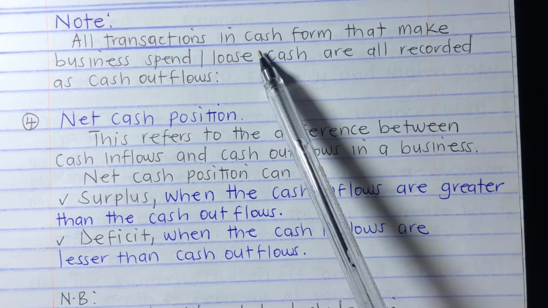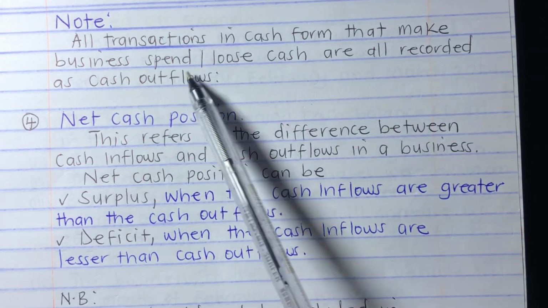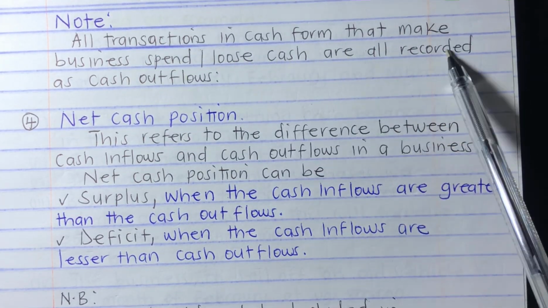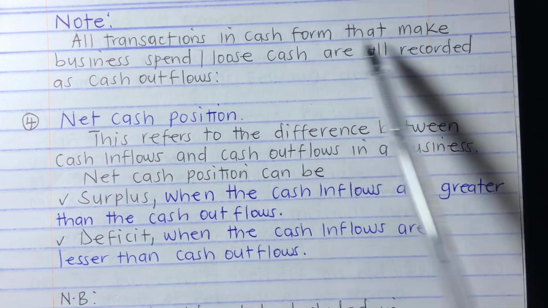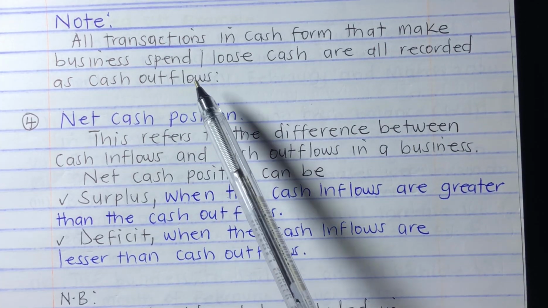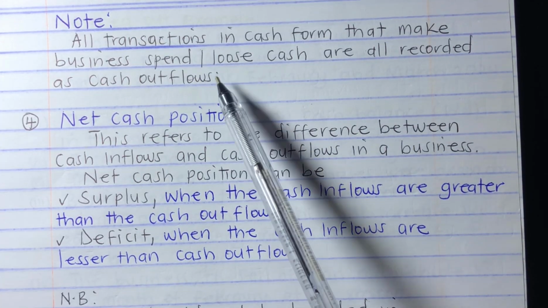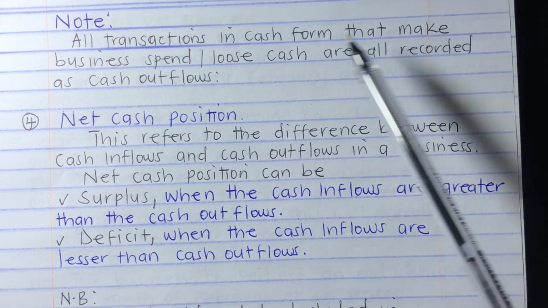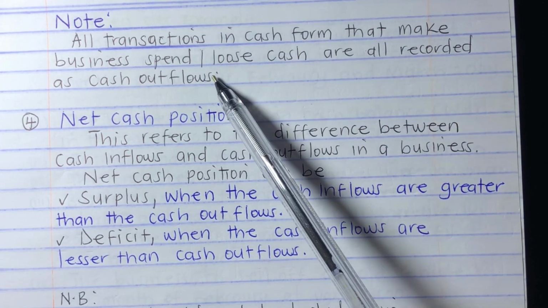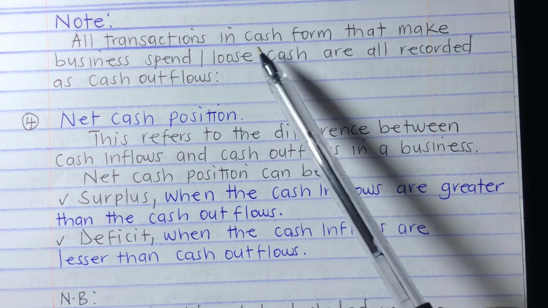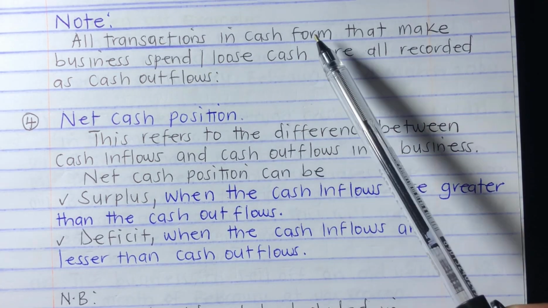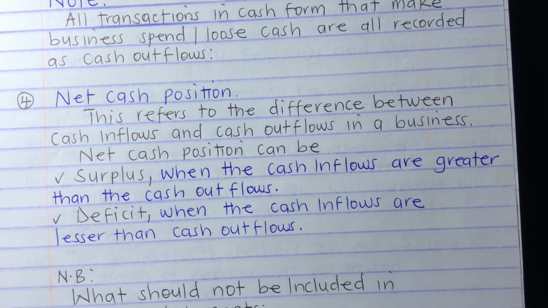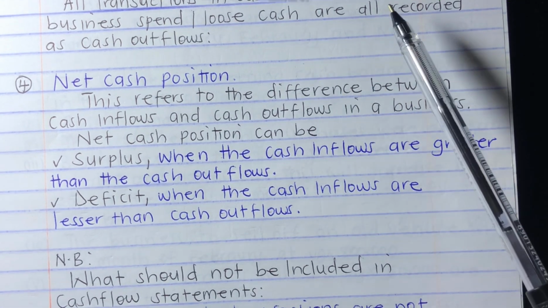All transactions in cash form that make the business spend or lose cash are recorded as cash outflows. As I've mentioned before, all transactions that make the business spend out or lose money, we record in the cash outflows column. I'm going to be showing you the format.